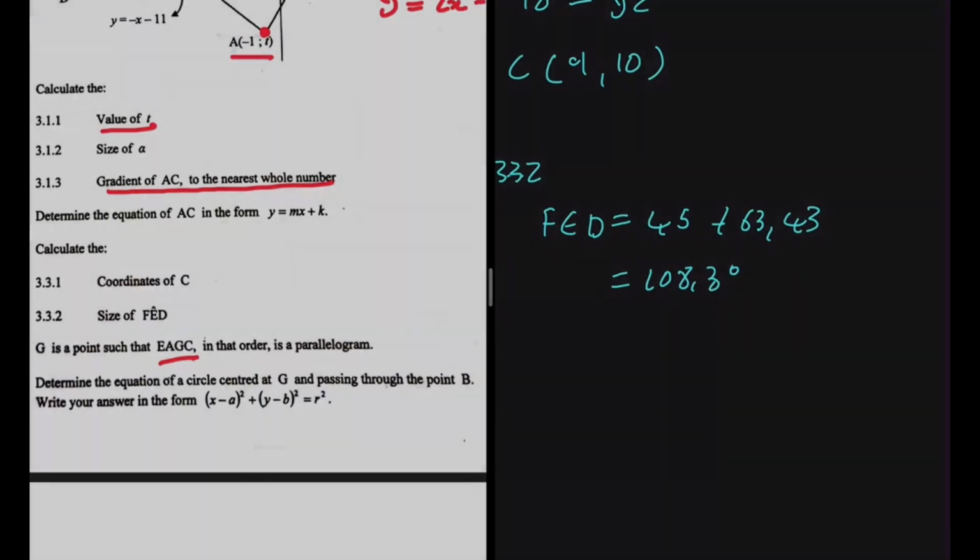Can we find the equation of line BD if we are given the equation of line AC? Yes, we can. The equation of line AC is given by y equals minus 1 divided by 2 x plus 2. AC is perpendicular to BD.